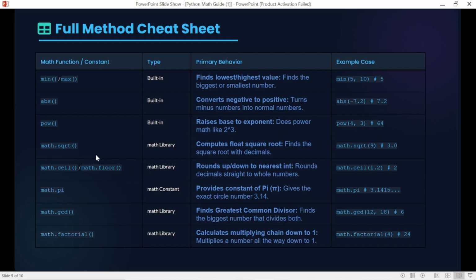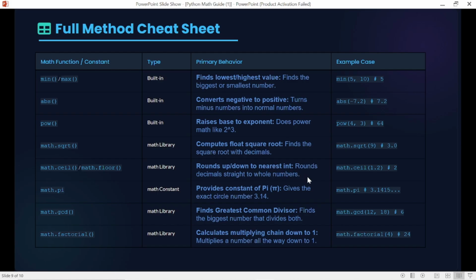Then math.sqrt, from the math library, computes the float square root. Just in floats, not in integers. It finds the square root with decimals. Here is the example. Then math.ceil or math.floor, from the math library, rounds up or down to the nearest int.